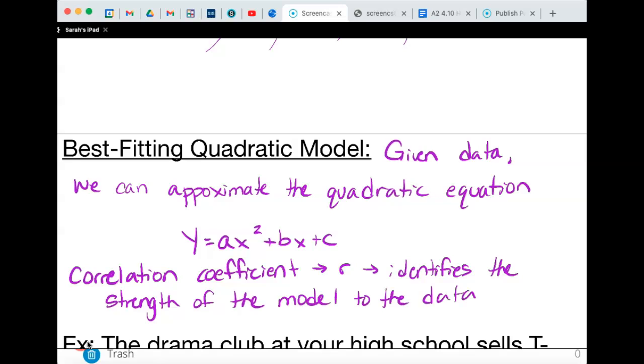So if you remember, the R value is always a value between -1 and 1. So the closer it is to -1 or +1, the stronger the model is to the data. The closer it is to 0, the weaker the relationship is, basically. So quadratic model, if it's 0, probably does not fit the data at all. But if it's 1, then we know we did a pretty good job. Or close to 1, at least.